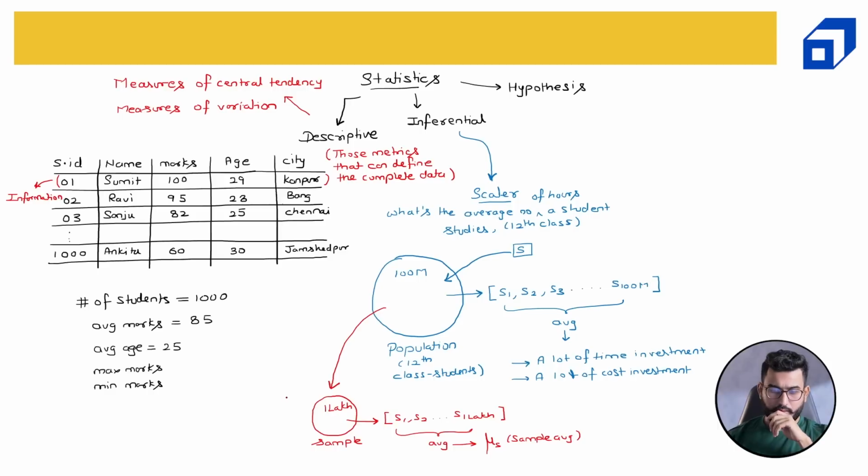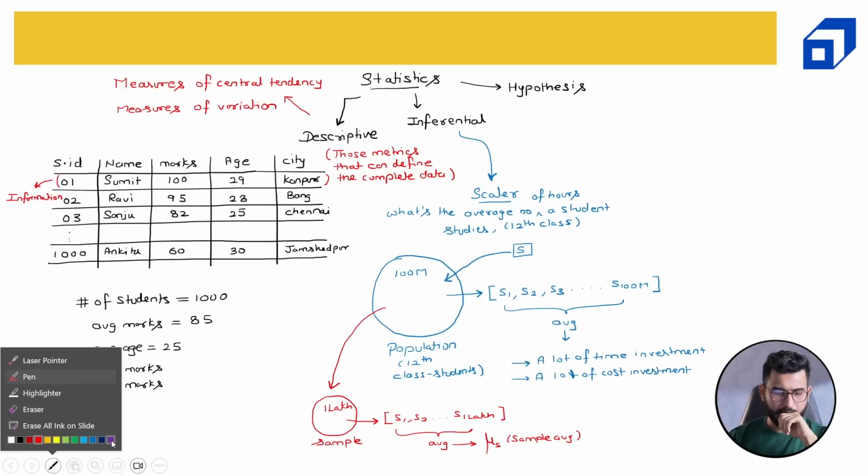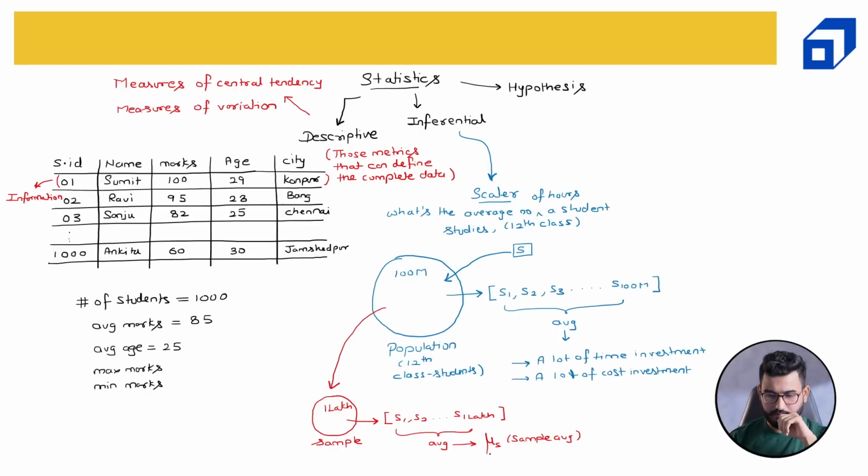Okay, so inferential statistics, coming to our point, is a branch of statistics which helps us to perform approximations. So using this sample statistic, I will try to approximate the population parameter. So let me just quickly write it over here.